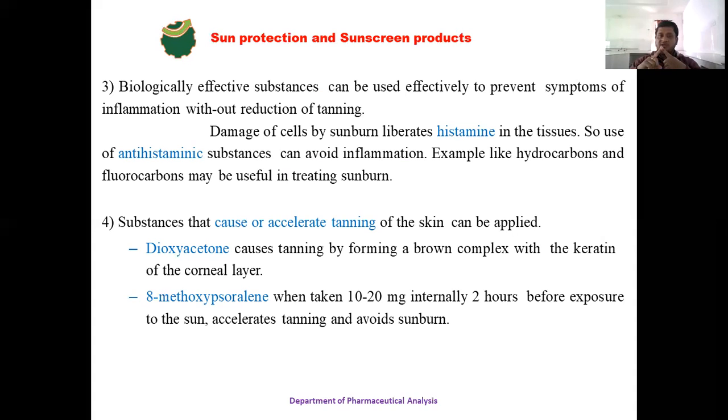The second one is the use of 8-methoxypsoralen. This is one type of active substance, or you can say a drug. That drug we have to take orally.